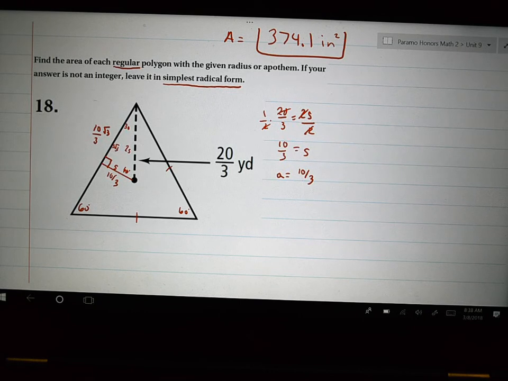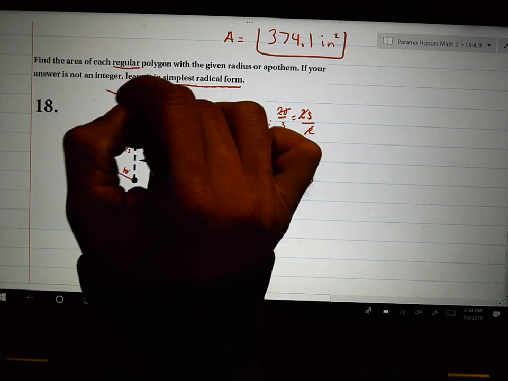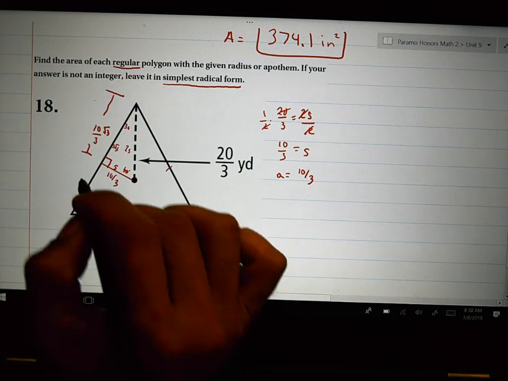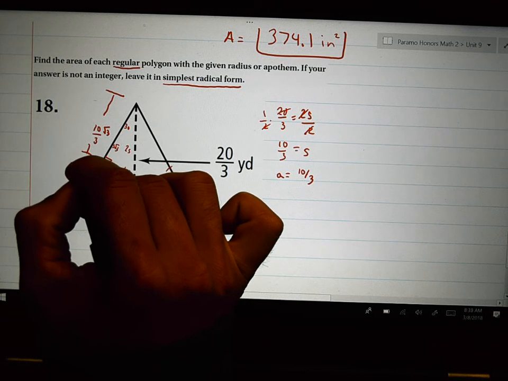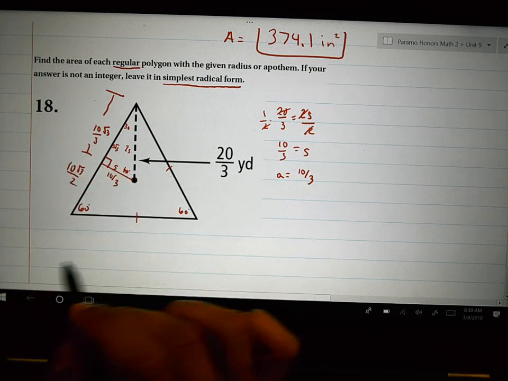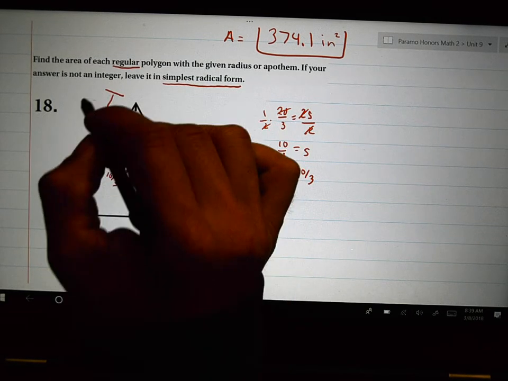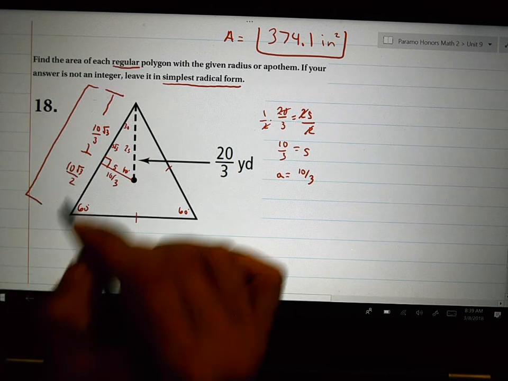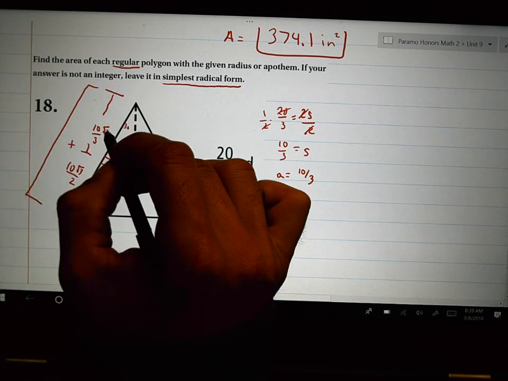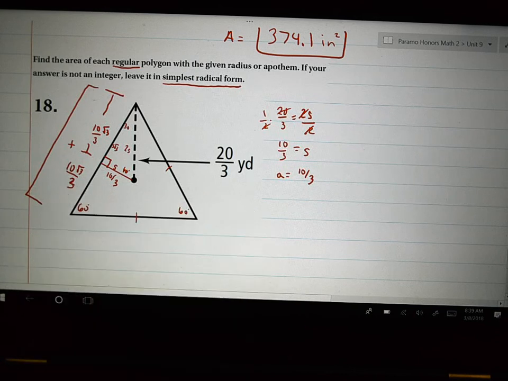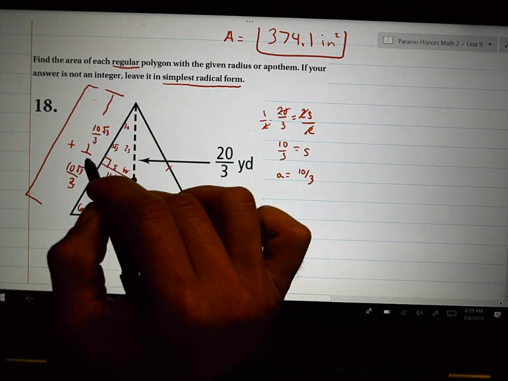But that's not our side length. That's only this distance from here to there. So that must mean that this other side length is 10 root 3 over 3. And if you were to add 2 of them together, you can finally get your side length. From here all the way to here would be 10 root 3 over 3, Mr. Paramo, plus another 10 root 3 over 3.